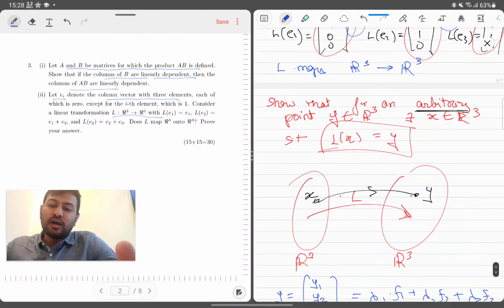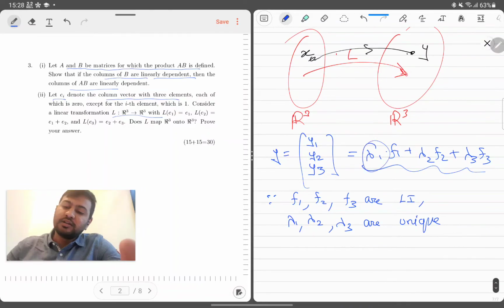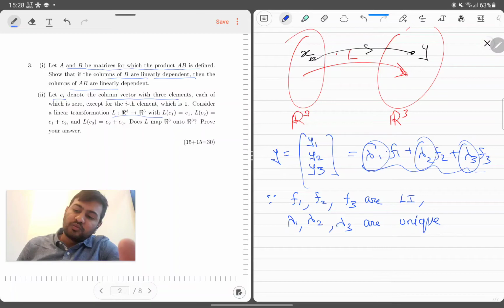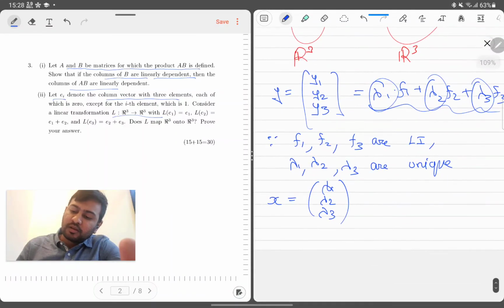Now once you have represented it, there will be a unique lambda 1, lambda 2, lambda 3. Then the x that you are looking for is nothing but lambda 1, lambda 2, lambda 3.